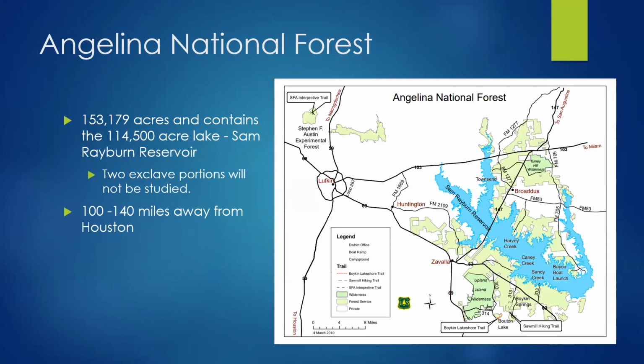And the second national forest is the Angelina National Forest. Now, the difference between the other one is this has the large Sam Rayburn Reservoir that naturally cuts in between the 2 sides of the forest. And once again, there is a bunch of forest fragmentation happening and potentially pushbacks, as we can see in the map.